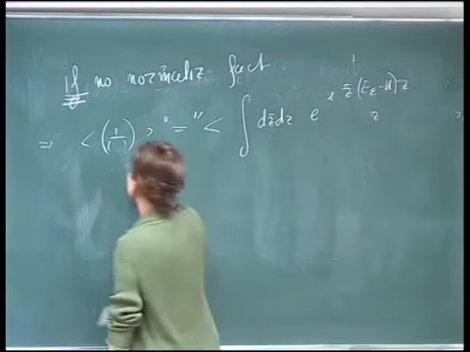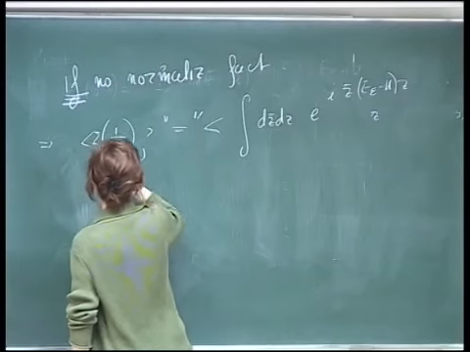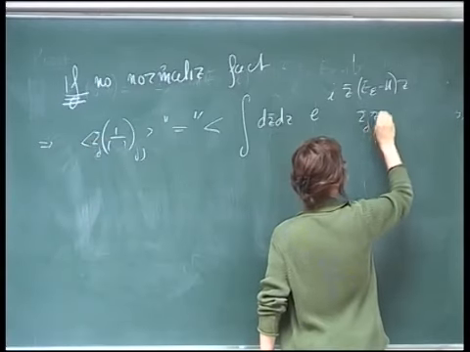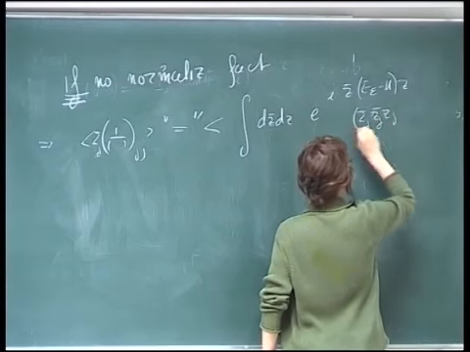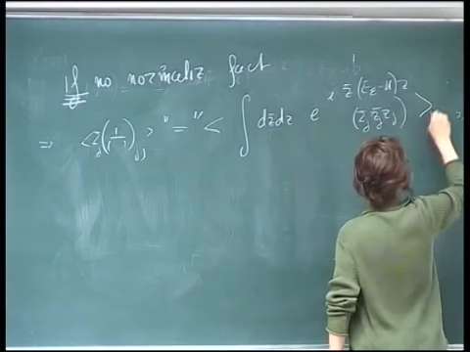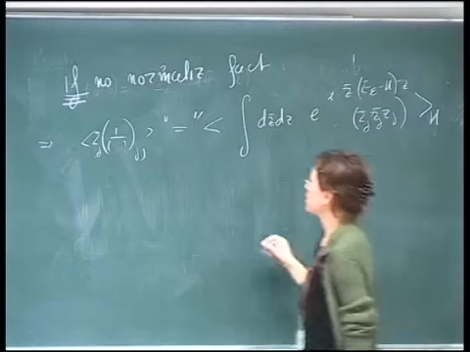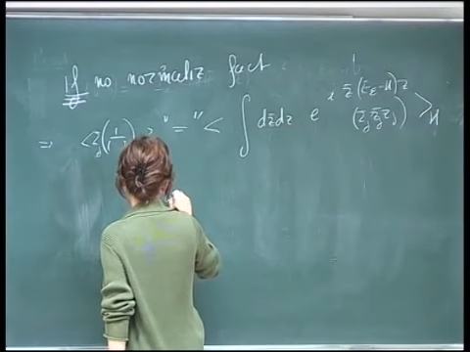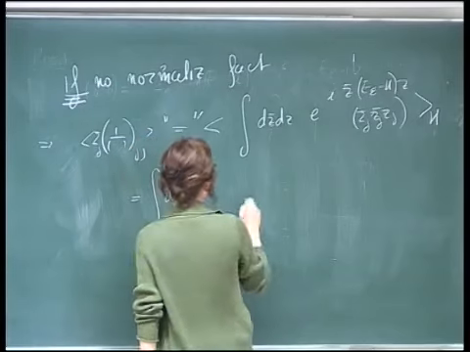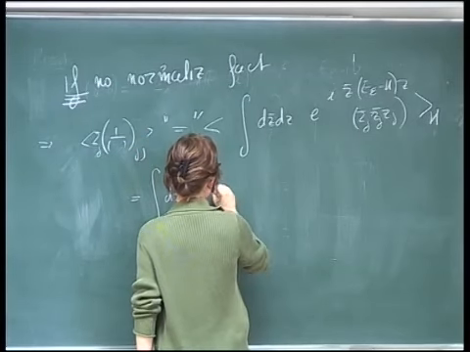And now here I want to write this as a sum over j. So here I have the sum over j, and this is the average over h. Now I can put the average inside, and we get the sum.